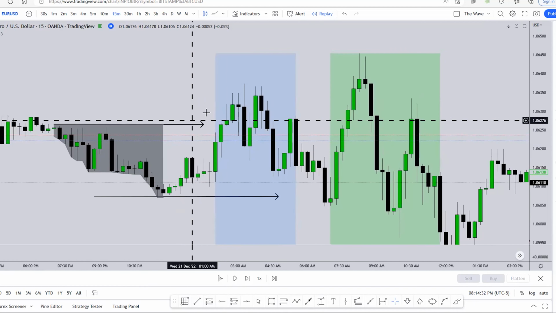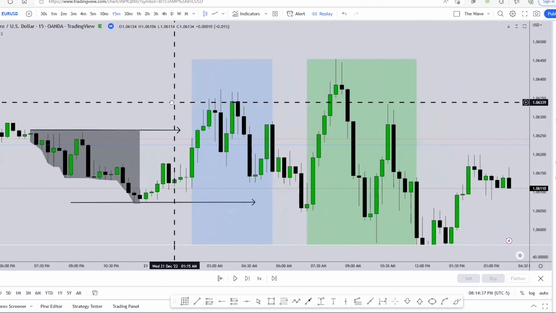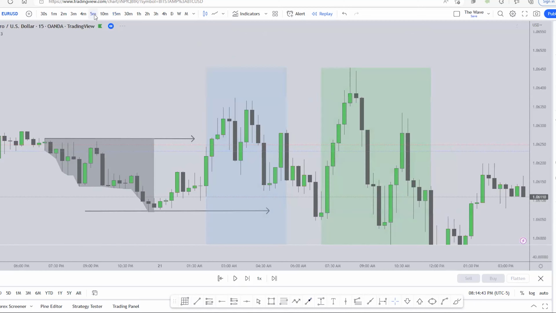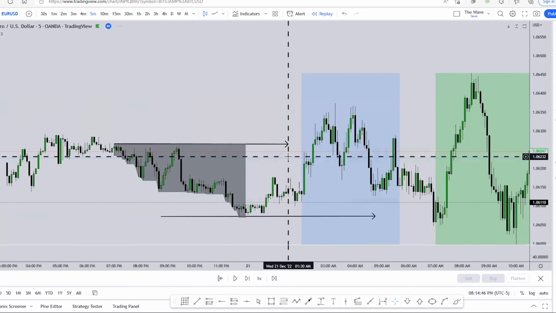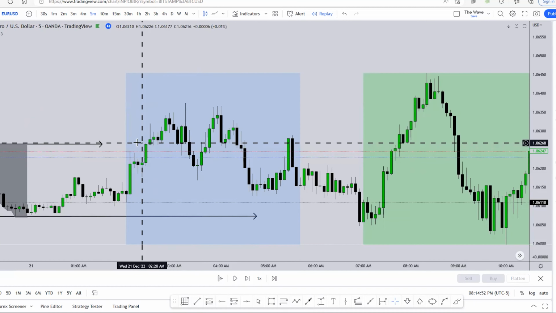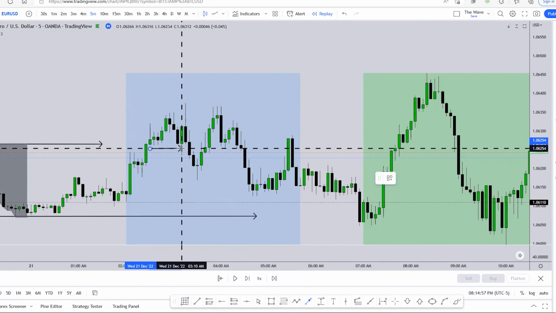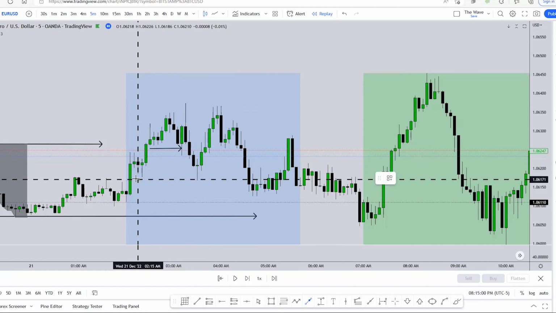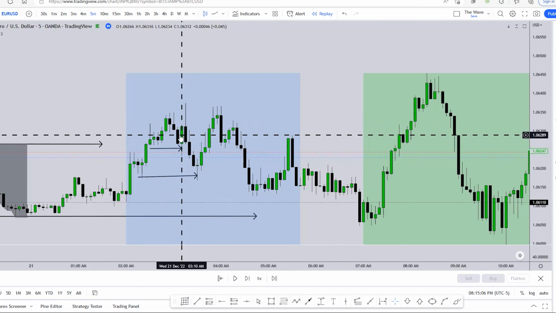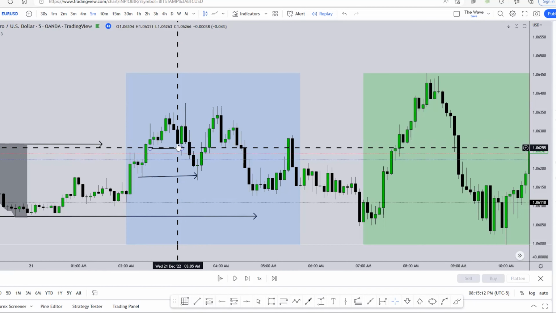Once the highs are taken, you're going to wait for displacement or a market structure shift, right? So if we drop down to the 5 minute here, you can see we have a market structure shift here, and these lows were taken as well, but there was no displacement created here, and there was a slight displacement created here and here.